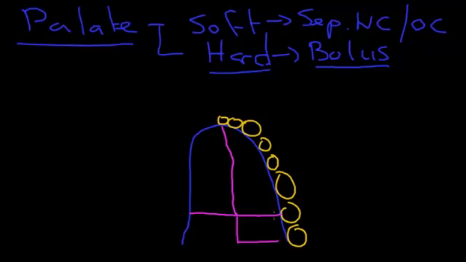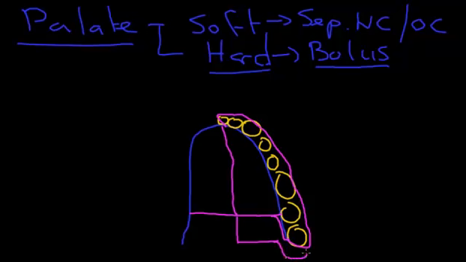Now, just as a little trick to notice, the maxilla actually sneaks back like this to surround the teeth.